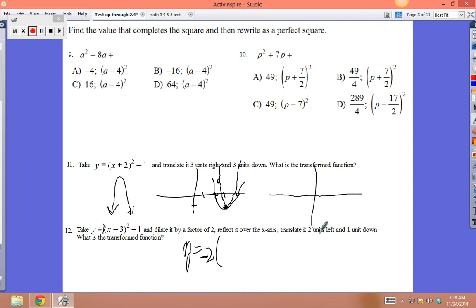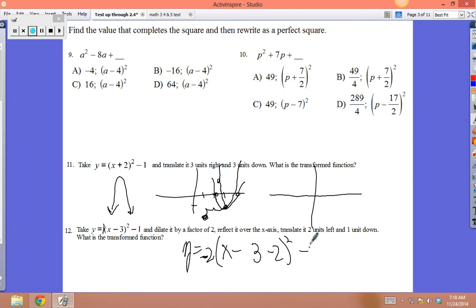Okay, we need to go 2 units to the left. So this dot, I've got to go back here 2 units to the left and then 1 unit down. So right here. Here's what we got. I've got x minus, and it was 3 units to the right. 2 units to the left is going to be negative 2.